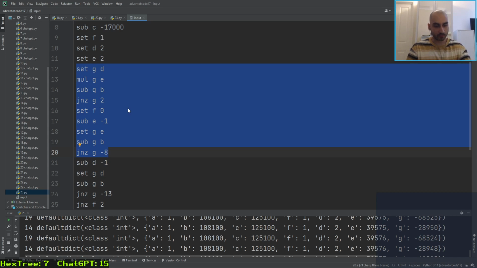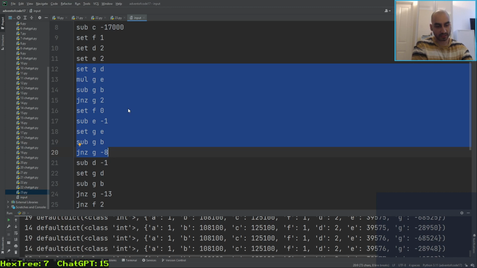And then we subtract 1 from E. And if E minus B, so if E equals B, we break out of the loop.